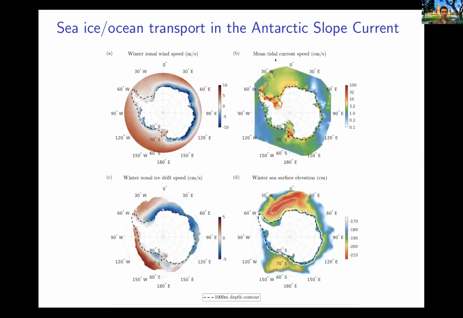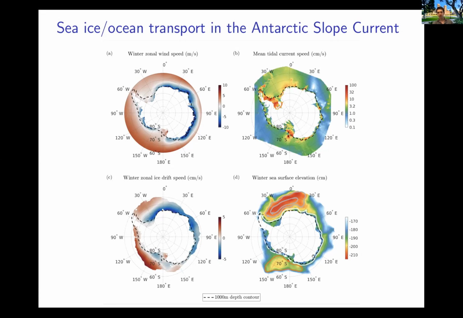This talk concerns the controls on transport of ocean and sea ice in the Antarctic slope current. I expect most of you are familiar at some level with the Antarctic slope current. In this figure, we illustrate the circulation of the Antarctic slope current via the sea surface elevation in the bottom right panel.